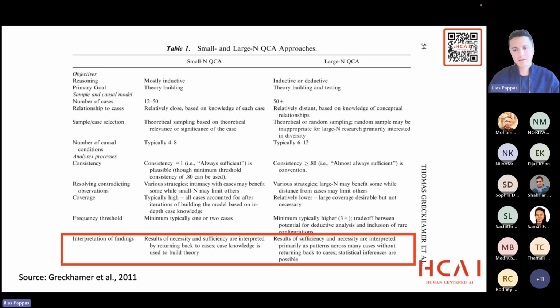And the last thing to remember is that if you have a small sample, then you should always try to go back to the cases, because that will also help you overcome the limitation of the small sample.